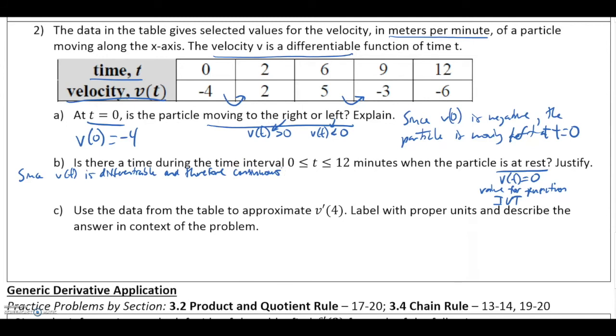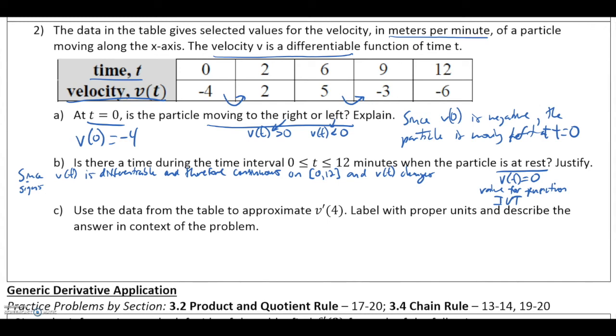So since the velocity is differentiable and therefore continuous on the interval 0 to 12, and v of t changes signs, that's an easy way for us to break down this problem. We don't need to worry so much about listing that 0 is in between two different values. We can if we want to.